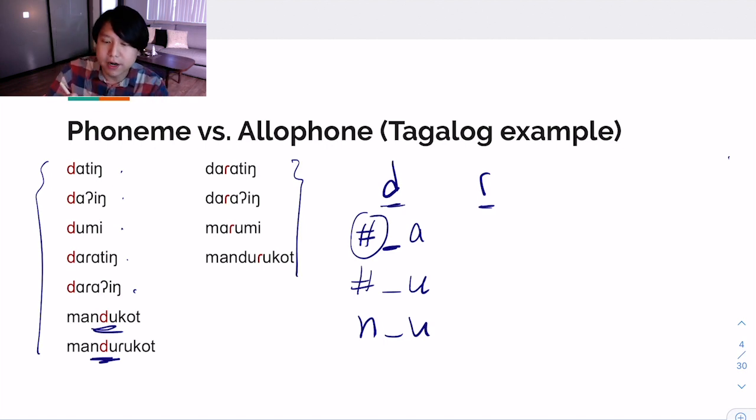And flap R here exists between vowels, a and o, and o and o.